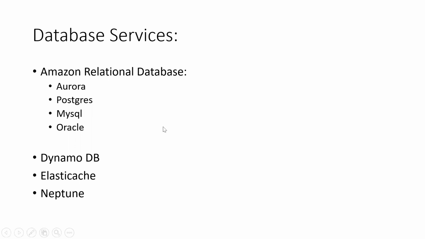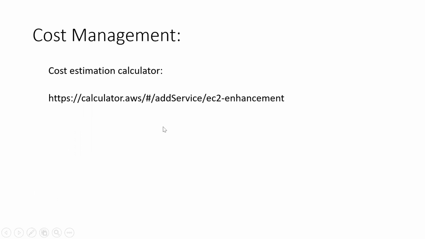Okay, going to the next slide, cost management. As I told, we need to check what the estimation is. If I spin up some component without knowing the cost, later I may receive a bill for one month, suppose $1,000, for using EC2 all the time.